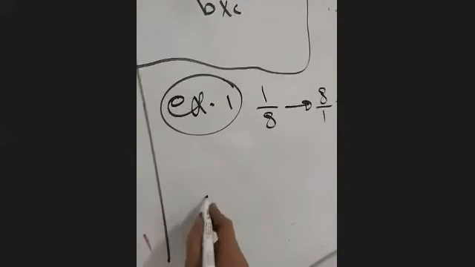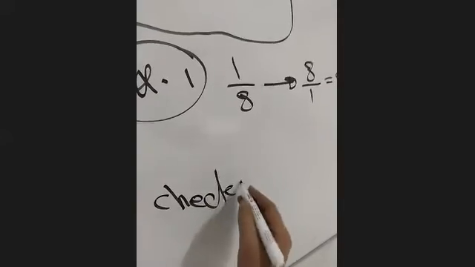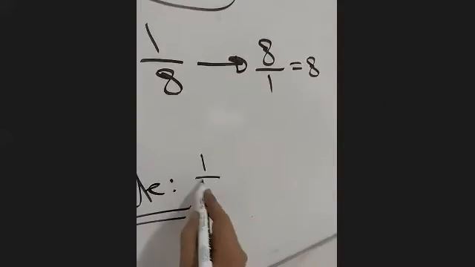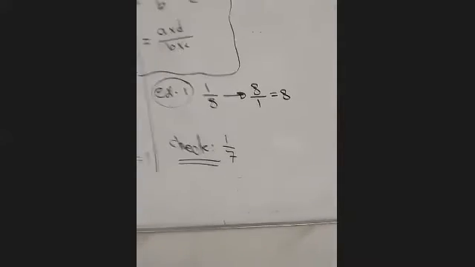Now we have a check under this one. What is the reciprocal of 1 over 7? Who can tell me? 7 over 1.